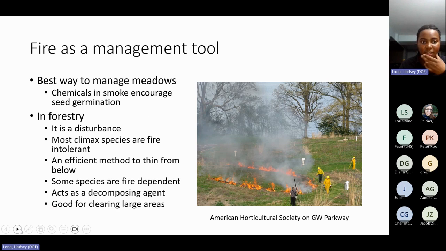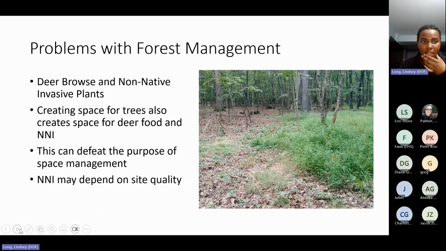Jacob kind of talked about fires, so I want to talk about problems with forest management. In urban and rural areas, one of the heaviest problems we're dealing with right now is deer browse and non-native invasive plants. They take up a lot of room, and Jacob was talking about herbivory being one of the things trees have to overcome, because deer really love eating baby trees.